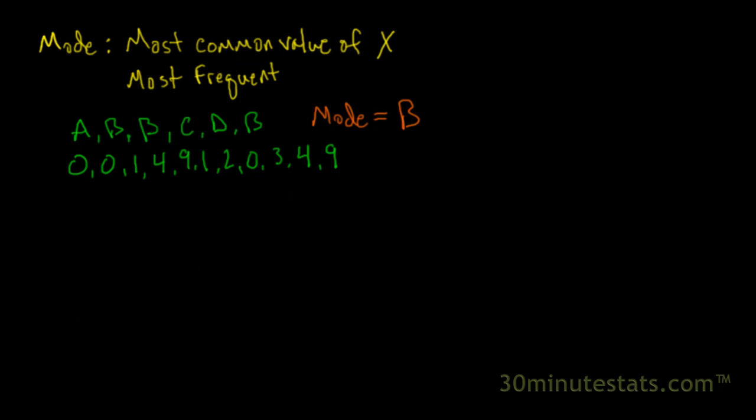Okay. And so here, if we look at this, we see we've got 3 zeros. There's 2 1s, 2 4s, 2 9s, 1 2, and 1 3. Well, we've got 3 zeros. So again, this is the most commonly occurring value. And so we would say that the mode of this distribution is equal to 0.